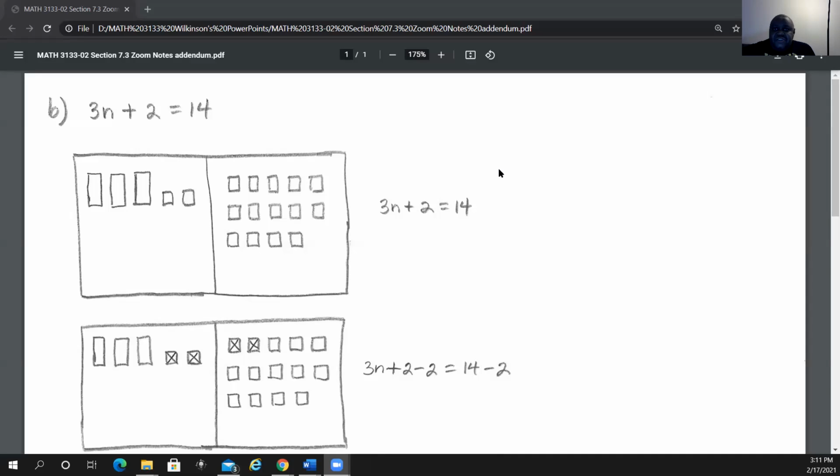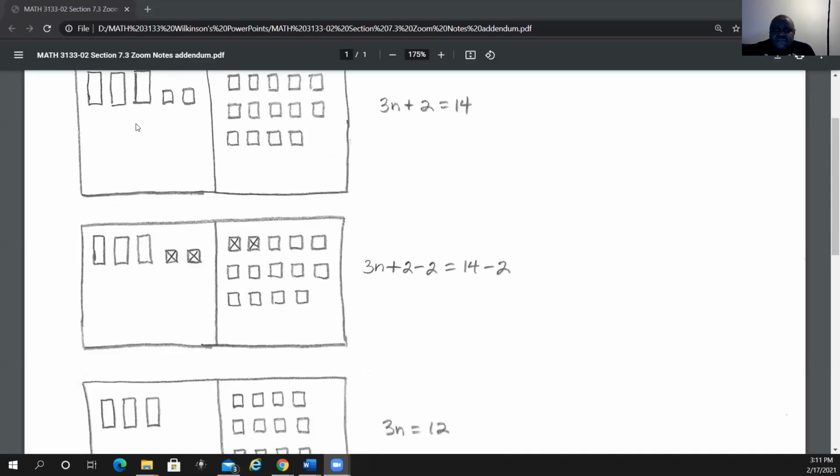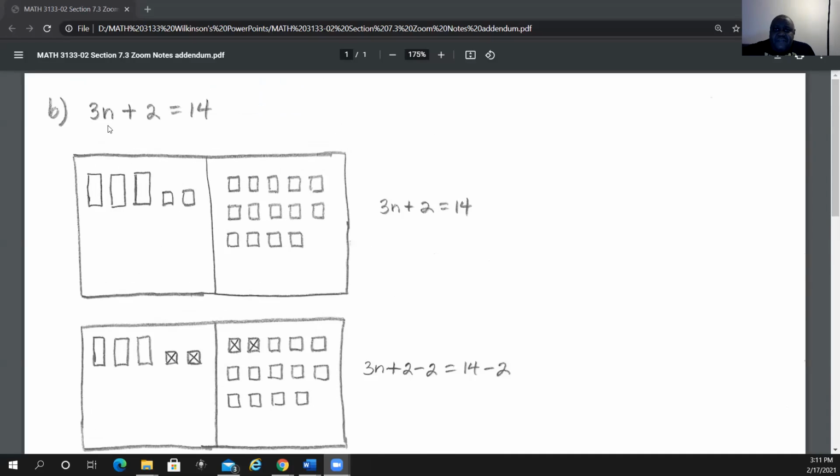This is 3n plus 2 equals 14. So here's how I represent 3n plus 2 equals 14. For the 3n, I need 3 n tiles, plus 2, I need 2 one tiles. And that's equal to 14. You can see I need 14 of these one tiles here in this case.